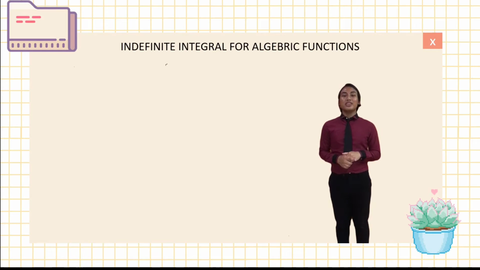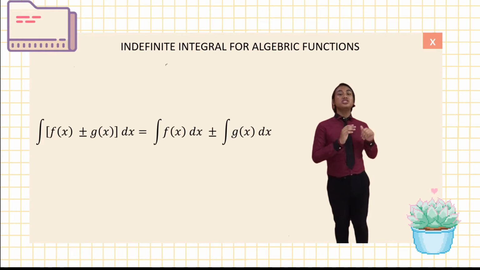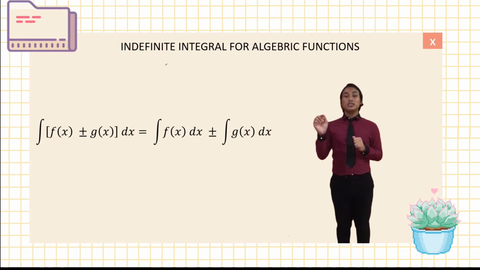Second subtopic, indefinite integral for algebraic functions. We have the integral of f(s) plus g(s) ds equal to the integral of f(s) ds plus the integral of g(s) ds. We can separate the function.